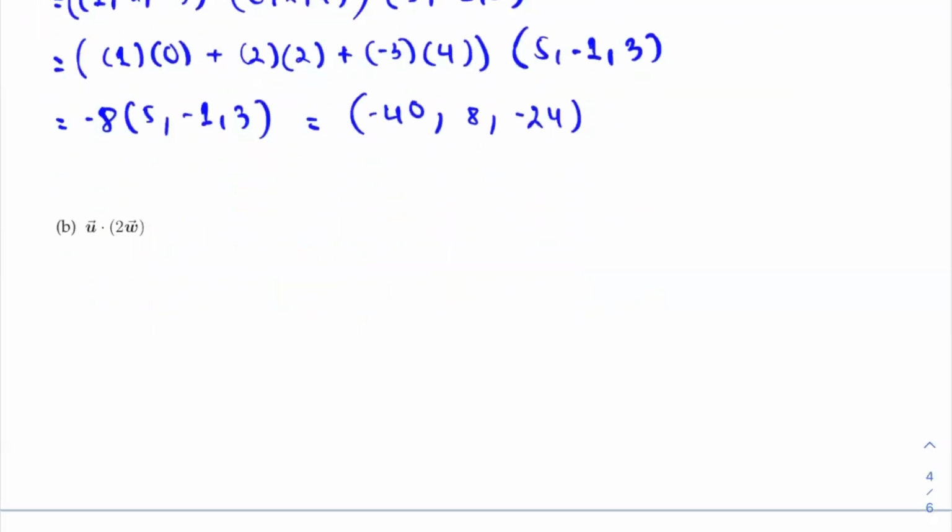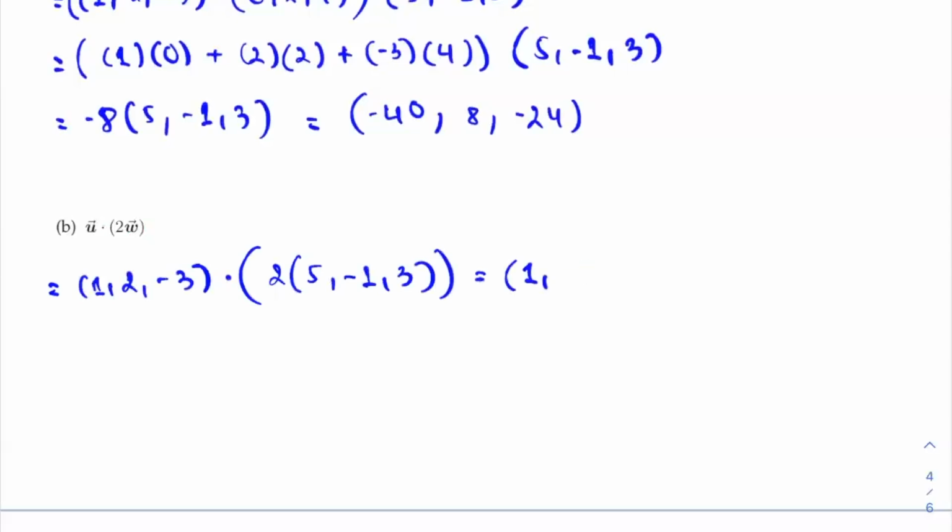For problem B, here you have u dot with 2 times w. I'm going to perform the calculation in the parentheses first, so I do 2 times w, and then later dot that with u. The vector u is 1, 2, negative 3, dot with 2 times w, where w is 5, negative 1, 3.